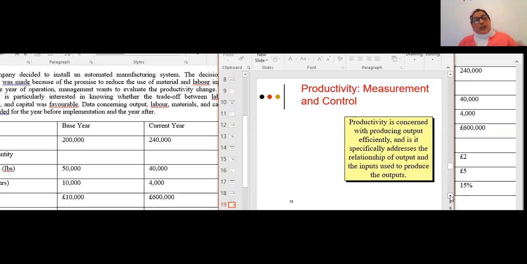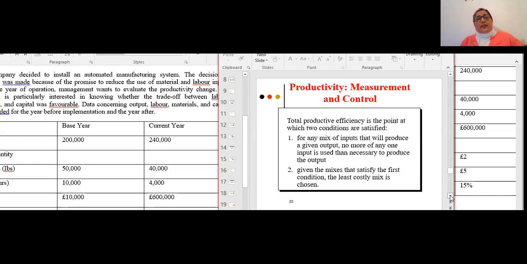But researchers realized that if something went wrong, we don't know the reason for that. Whether it's because of the material, the energy, or the labor, we did not have a clue which input was responsible. And this is why they said, okay, we have to do productivity per item.